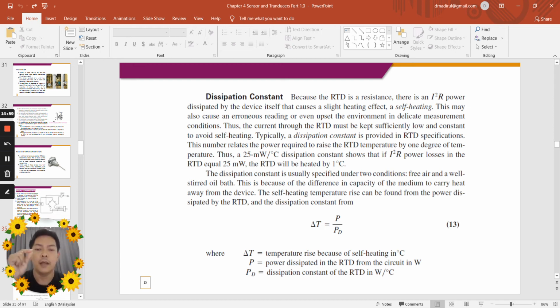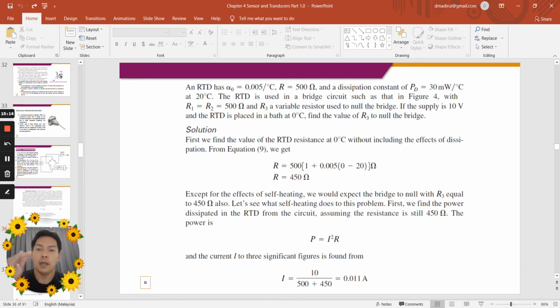Okay, P is the power dissipated in the RTD from the circuit in watts, whereas PD is the dissipation constant of the RTD in watts per degree Celsius. Okay, so this slide shows you an example of how to calculate the RTD self-heating. The slide is also accompanied with a solution to show you step by step how to calculate the above problem.